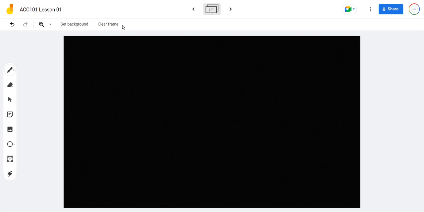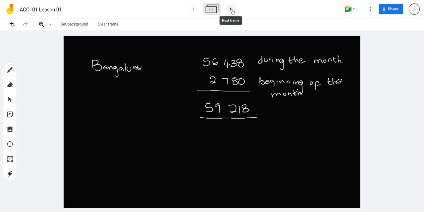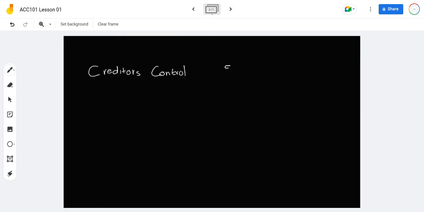All right, so we must update the creditors control, which is a liability. We must update this liability to say that we are going to reduce you by 59,218. And also the bank account, money is going to leave the bank account.